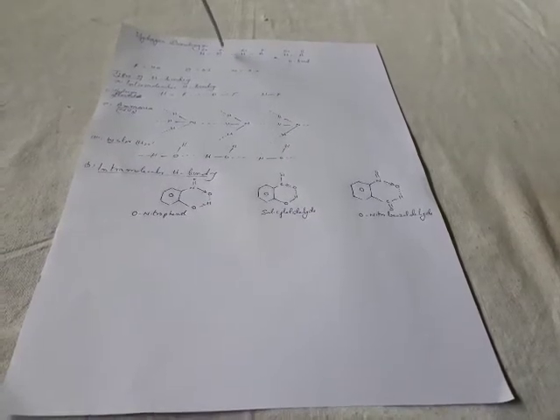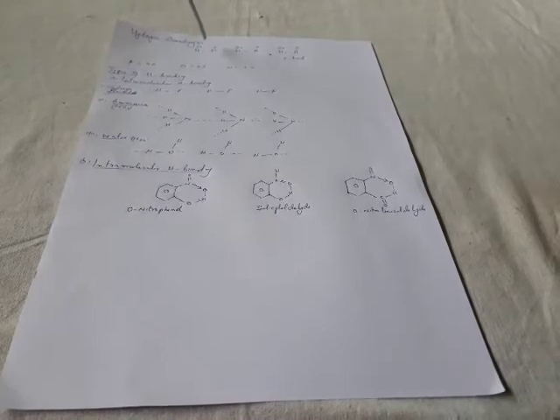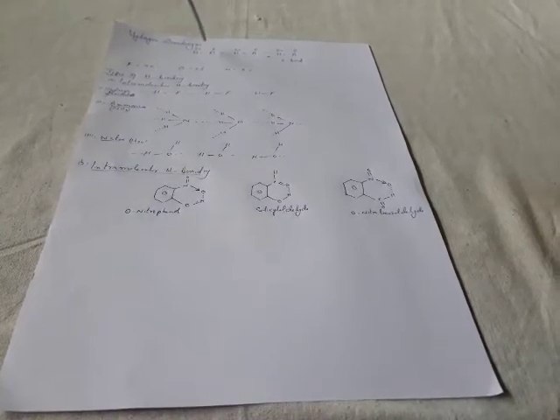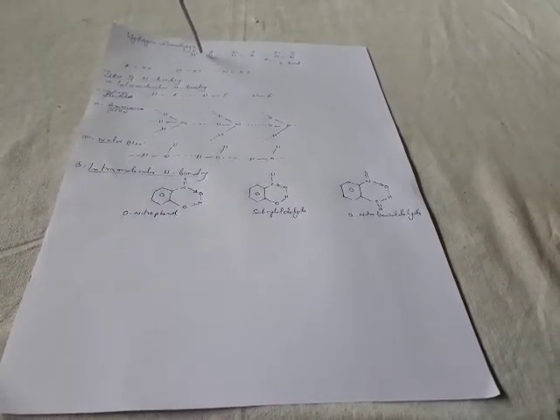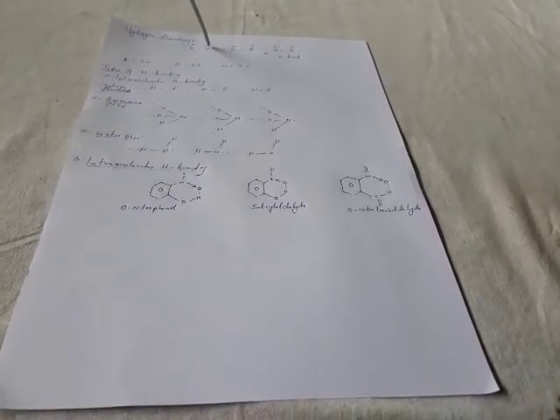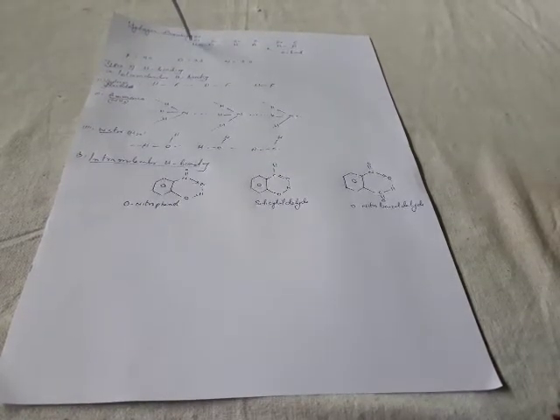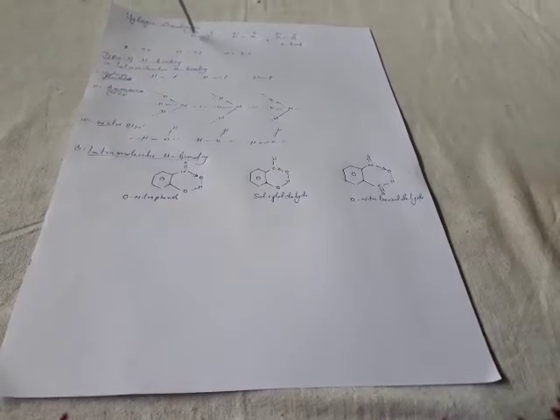Now when hydrogen is attached to any of these electronegative elements, the bond gets polarized. That means the shared pair of electrons gets displaced slightly towards the electronegative atom, as a result of which it develops a slight negative charge, while hydrogen develops a slight positive charge.